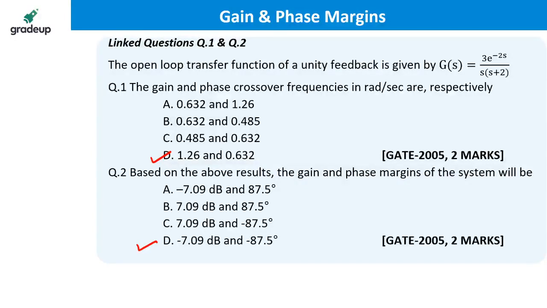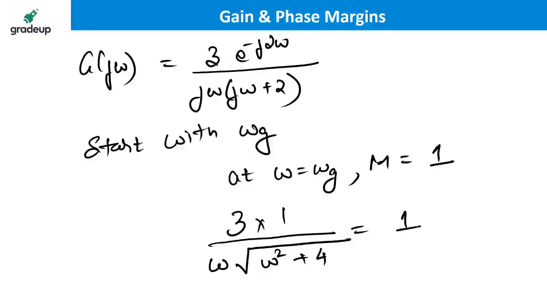All right, take the screenshot for this. I hope you are able to solve. I am taking all variety, gain margin, phase margin, so that you are much more comfortable with them. It's not like I started a topic and ended.